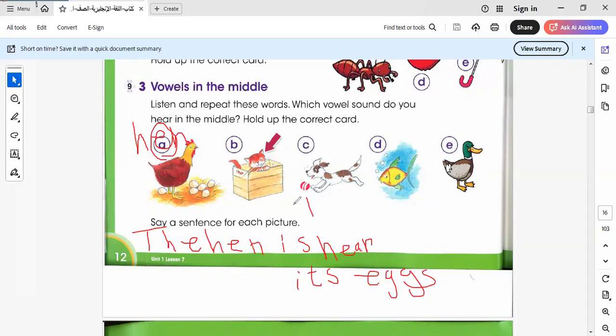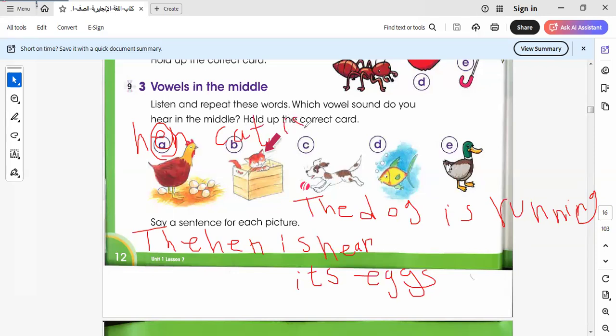We say here the dog is running. I answered two sentences only, and I will leave the rest for you to do by yourself. The dog is running. This is a sentence. Here we say the cat is in the books.